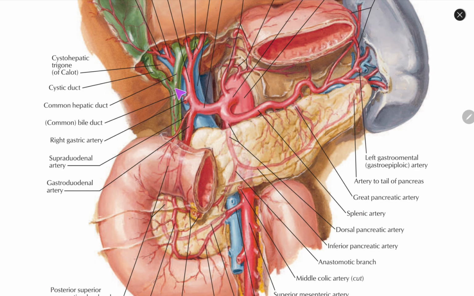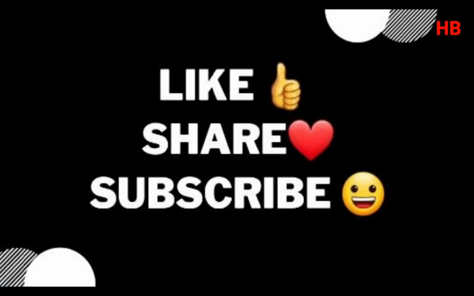The third point is taken at the junction of the second and third parts of the duodenum. So we can draw a triangle. This triangle is called Passaro's triangle, also known as the triangle of gastrinoma. So that's all.